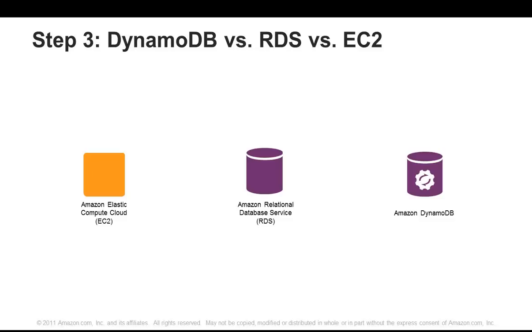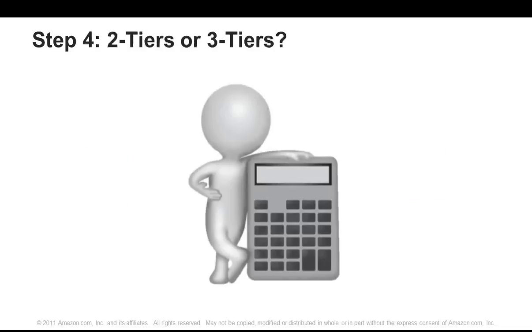Another question you're going to have to ask yourself after this one is: is your application 2 tiers or 3 tiers? One of the main things to consider is whether the logic or calculations in your website or web app are too process intensive for your client or too intensive to live on your web servers.